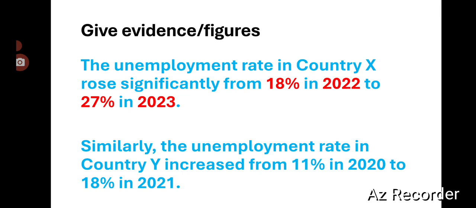So you can see I have highlighted the figures. And when you do that, it means that you are giving details of what you are saying. Similarly, the unemployment rate in country Y increased from 11% in 2020 to 18% in 2021. This is also a way of giving evidence.